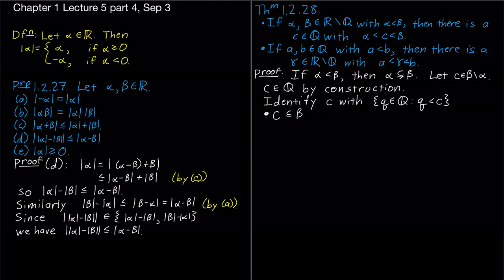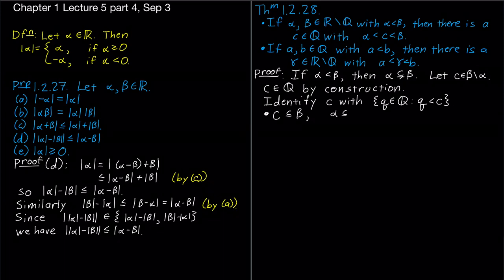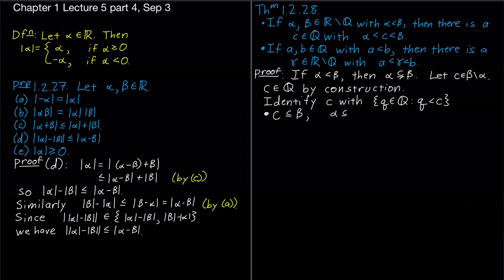And we saw before that if a rational number isn't in a Dedekind cut, in particular if C is not in alpha, then C is bigger than all the elements of alpha. So alpha is also a subset of C, the real number, because all the elements of alpha are less than C, the rational number. So alpha is less than or equal to C, less than or equal to beta.